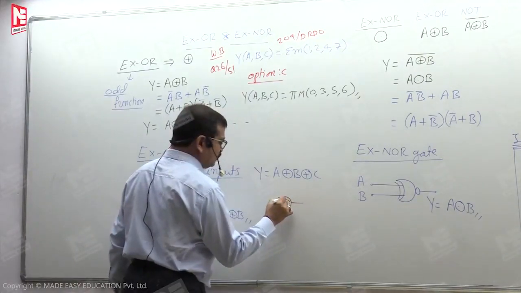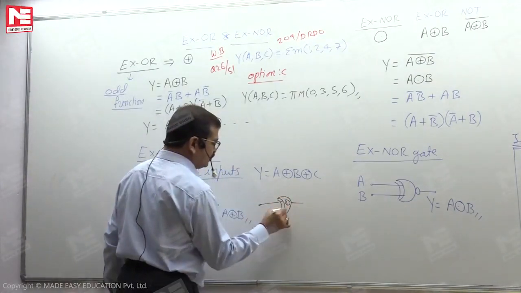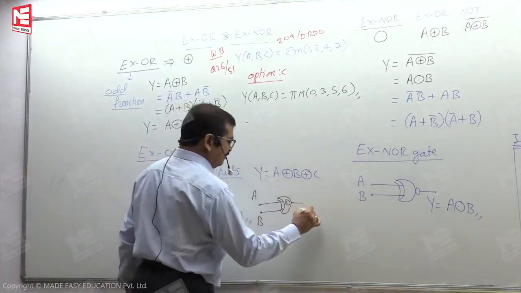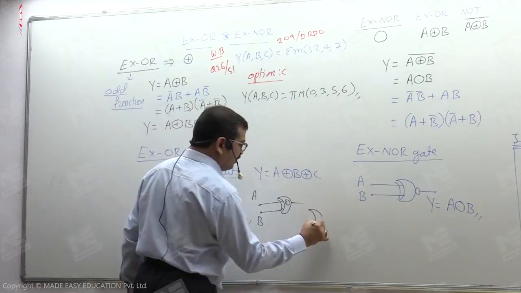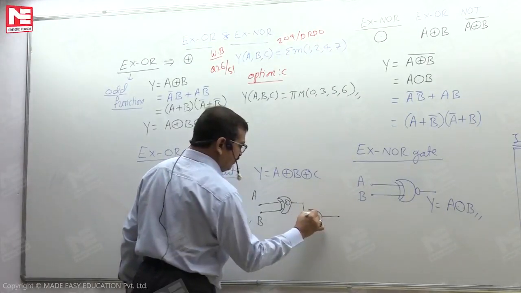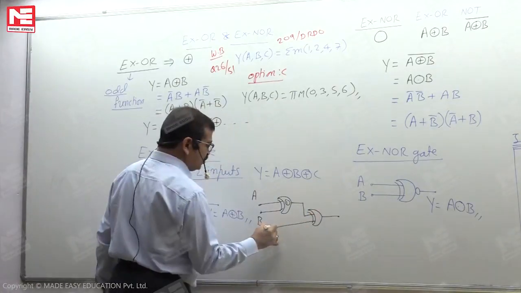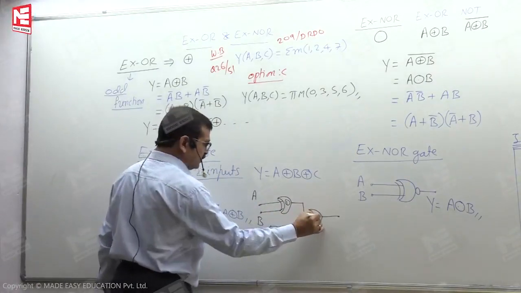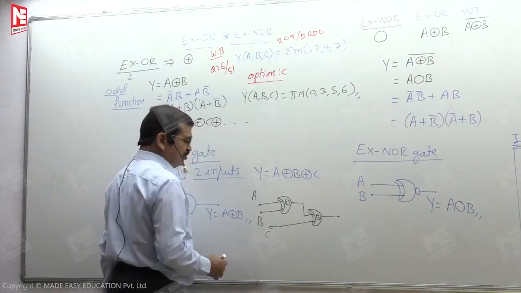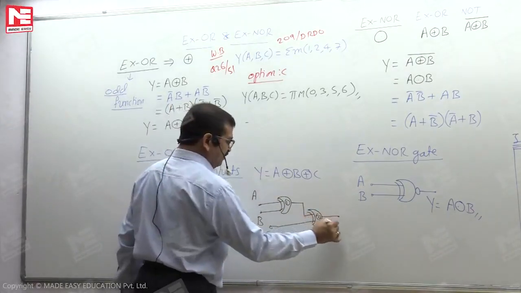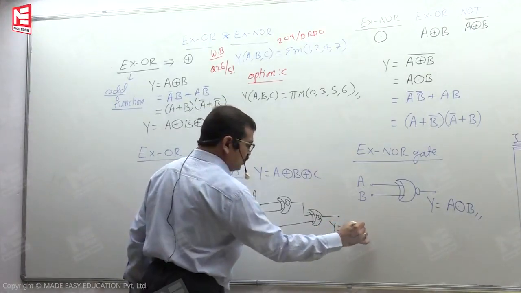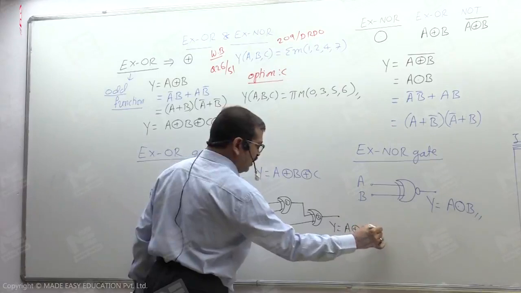The first exclusive OR gate has the inputs A and B. The second exclusive OR gate has one input, the gate 1 output, and the second input is C. Then we are looking at Y as A exclusive or B exclusive or C.